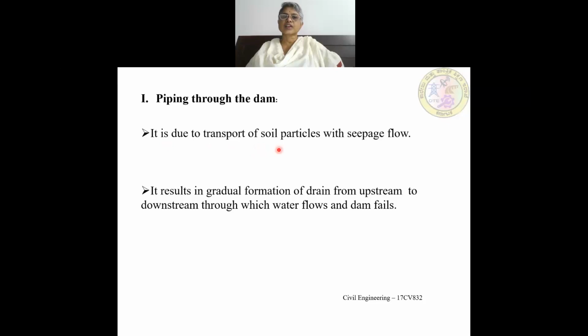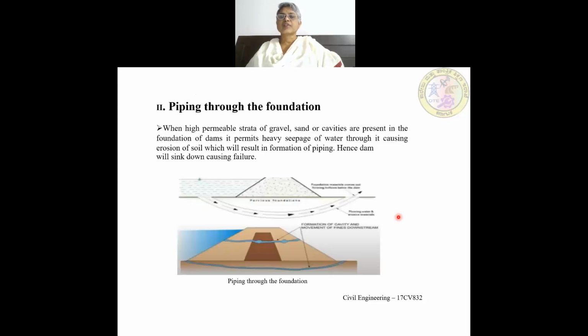It is due to transport of soil particles along with seepage flow. As I told you, it is not only water flowing; along with the flow, it will carry soil particles also. It results in gradual formation of a drain from upstream to downstream, through which the water flows. Actually, it doesn't seep, water flows, and then the dam fails. So here you can see piping through the foundation.